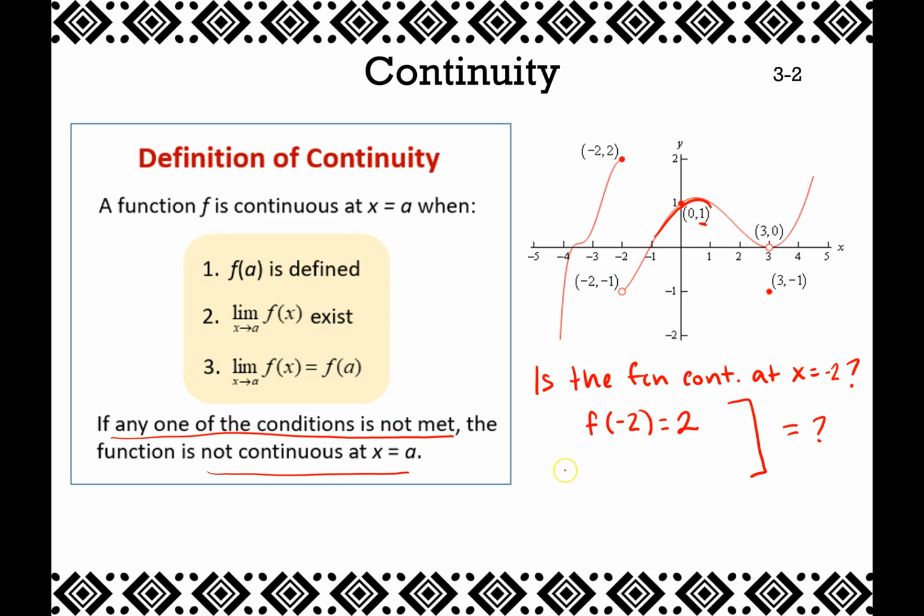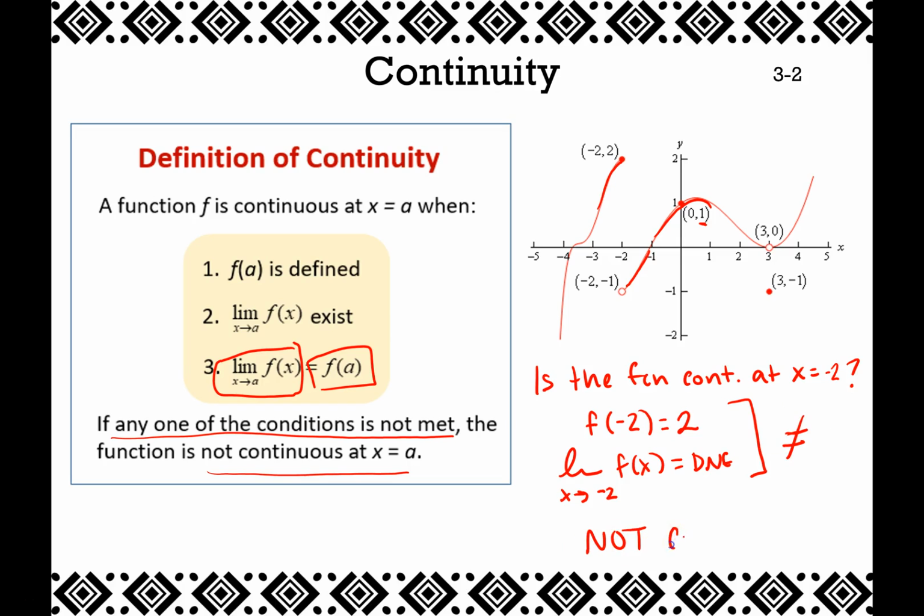What's the limit as x approaches negative 2 of f of x? Well, that does not exist, right? The one coming from the left is 2, the one coming from the right is minus 1, so that does not exist. So does my limit of does not exist equal 2? No, of course not. So these are not equal, so this is not continuous.